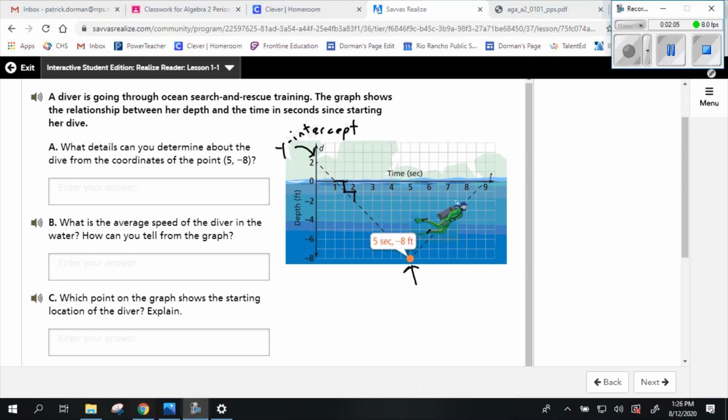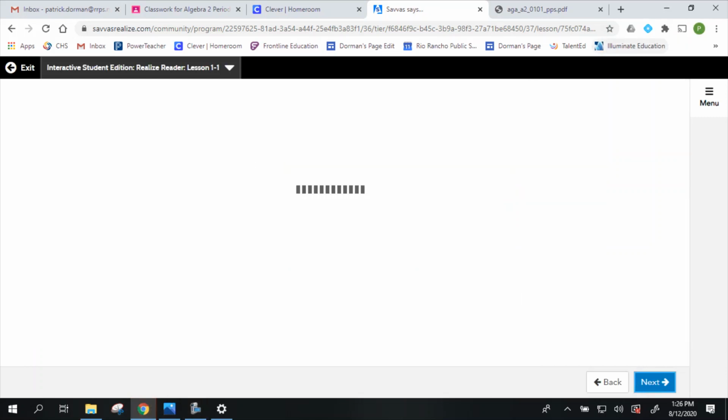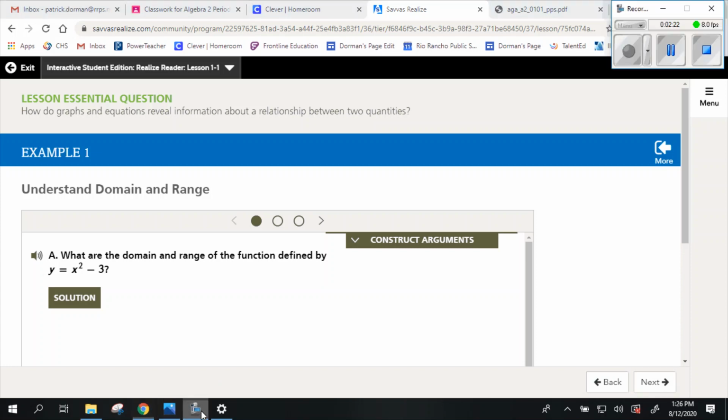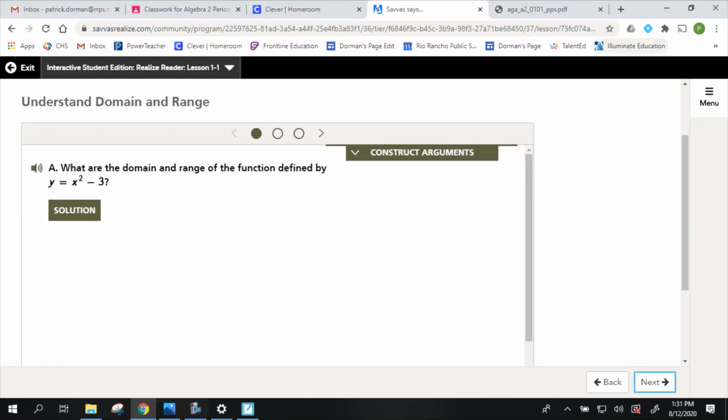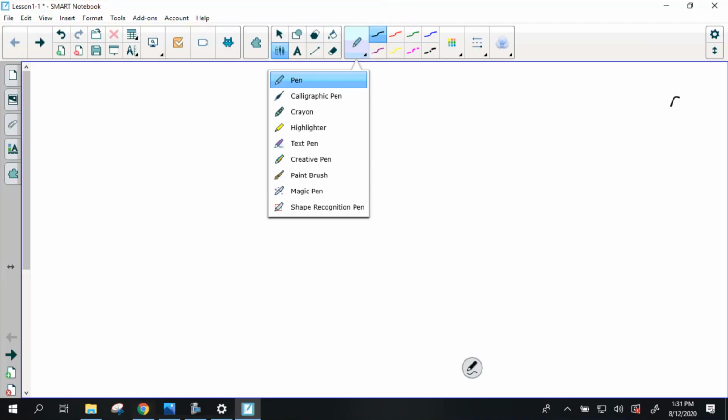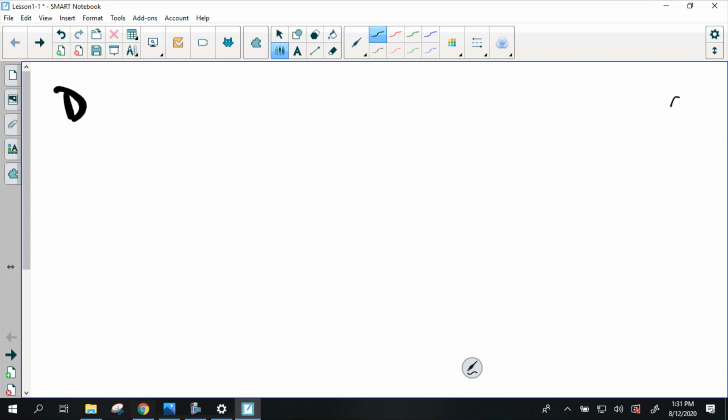And while we're talking about stuff from Algebra 1, let's go ahead and review the concept of domain and range. So in order to really solve this particular question, let's look and define loosely what domain and range are.